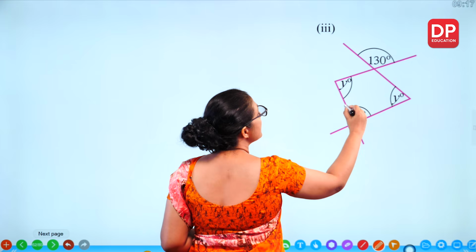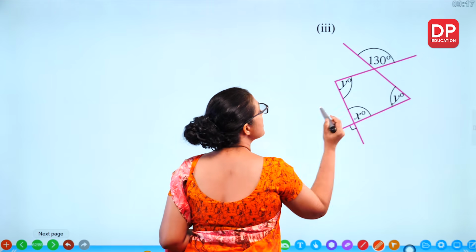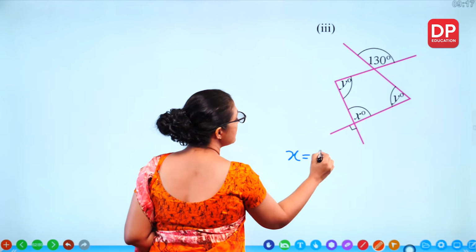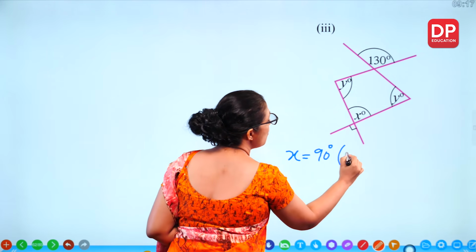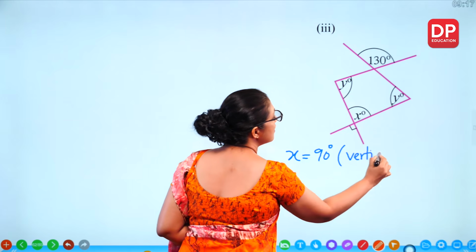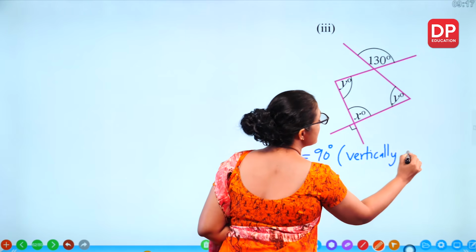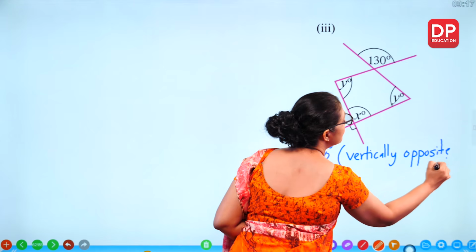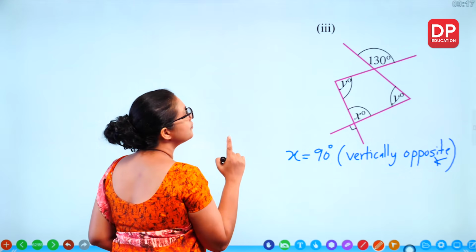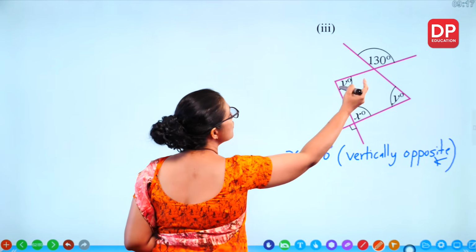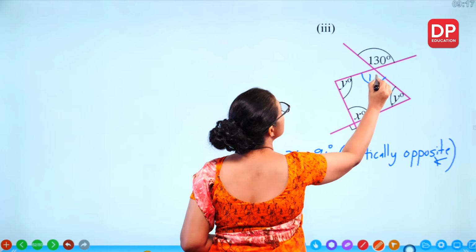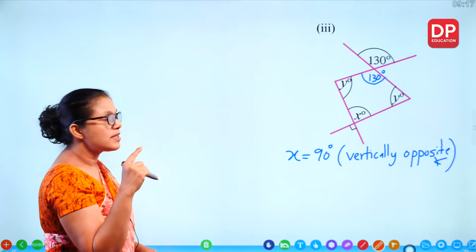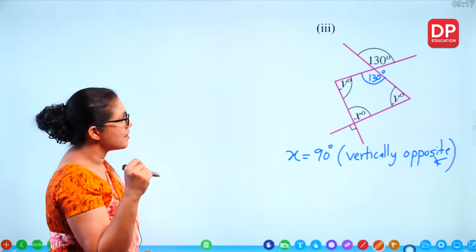This diagram, here this is opposite angle. So what's x straight away? X equals 90 degrees. Vertically opposite angles are equal. Now we found out this value. So this is 130. That's also vertically opposite angles. Now we can use the sum of angles in a quadrilateral.